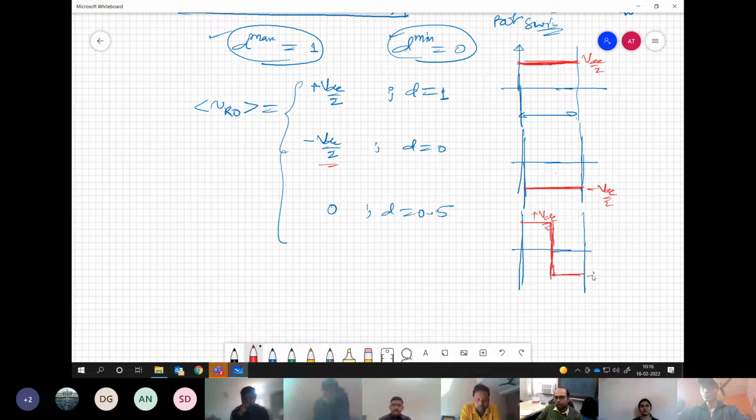So whatever you have applied in the positive portion, you have applied in the negative portion as well. The total time is TSW. So this is TSW by 2.